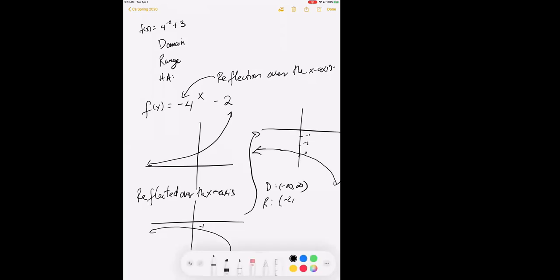It should be negative infinity to -2. And the horizontal asymptote would be y equals -2. The y-intercept would be 0, -3, and then the graph will be decreasing. All right, thank you. Anybody else?